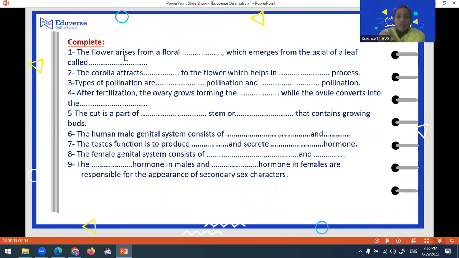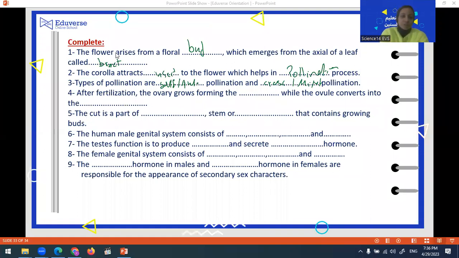Okay, the flower arises from a floral bud. Excellent. The leaf from whose axil it emerges is called the bract. Bravo. The corolla attracts insects to the flower, which helps in pollination. Bravo. Types of pollination are either self or auto pollination, or cross or mixed pollination.